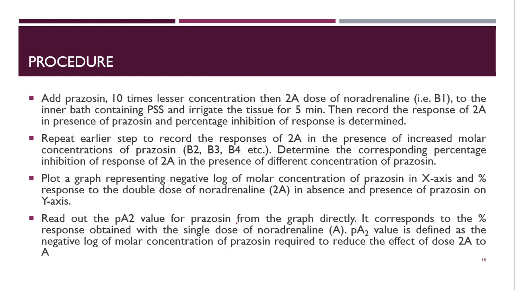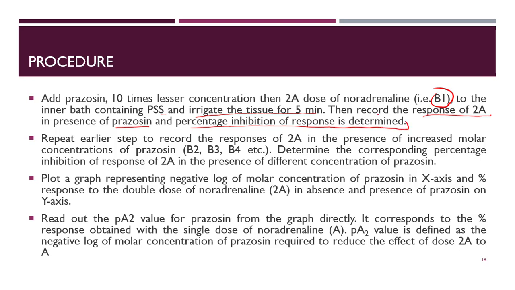Then we add prazosin, 10 times lesser concentration than the 2A dose of noradrenaline, and consider it as B1, to the organ bath which contains PSS, and irrigate the tissue for 5 minutes. Then we record the response of 2A in presence of prazosin, and the percentage inhibition of response is determined.